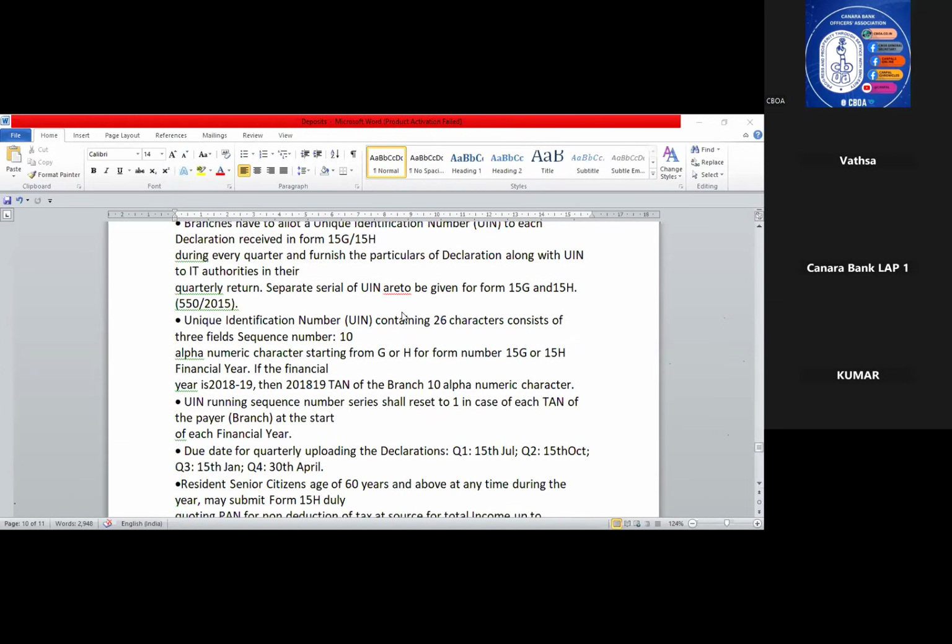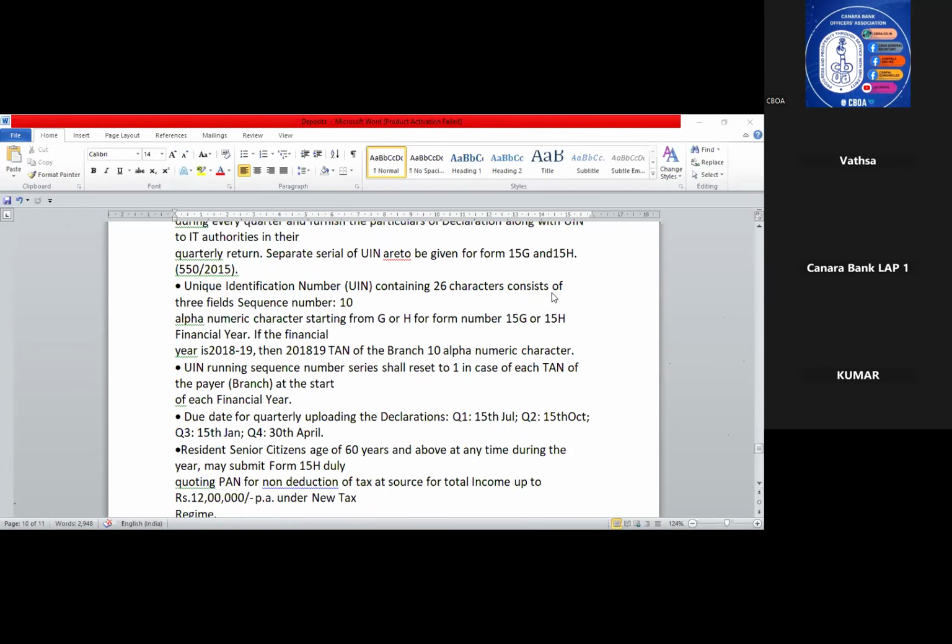And what is this 26 characters? First 10 will be your PAN. Then 10 alphanumeric characters starting from G or H and form number, and the financial year, 18-19 in this case. Then last 10 is your TAN of the branch, that is 26. 10 before and 10 after: first is PAN, last 10 is TAN of the branch.